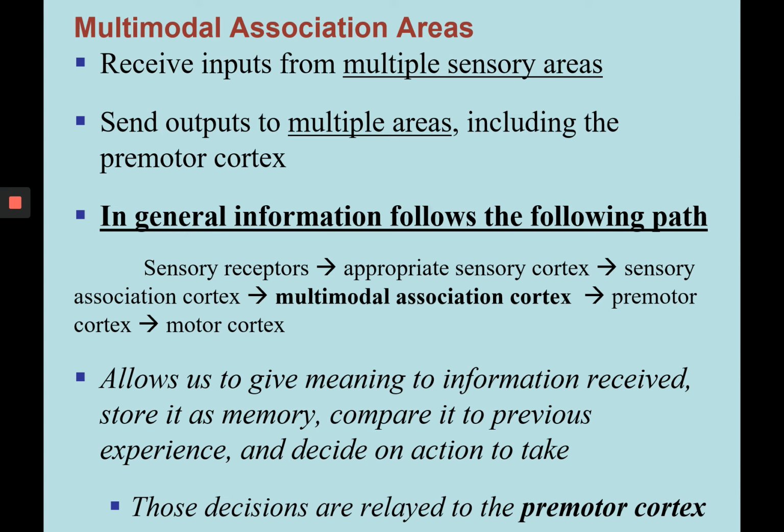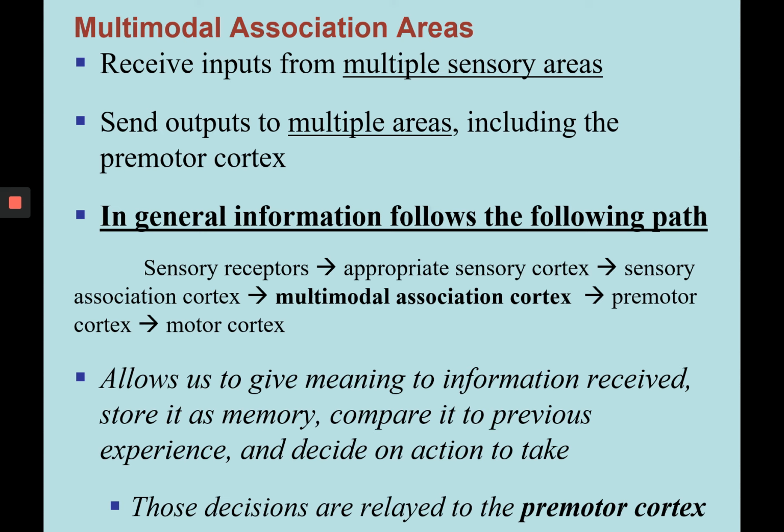So here is the general information flow in the brain if we include multimodal association cortices. Let's just take this step by step. Something happens in your body, and there's a sensory stimulus that can act on a sensory receptor. That sensory receptor picks up on that stimulus and sends a signal to the brain. So a sensory signal is going to arrive at the brain.